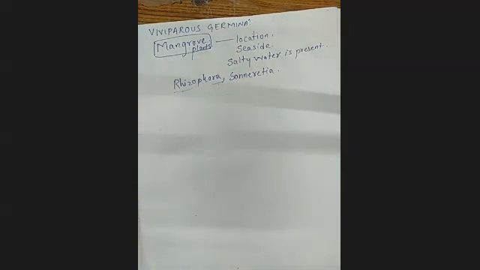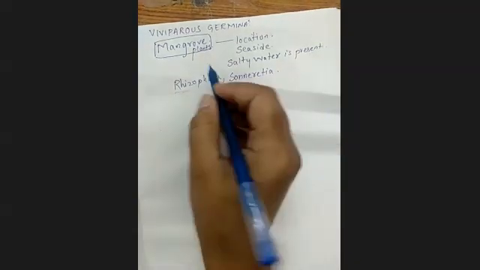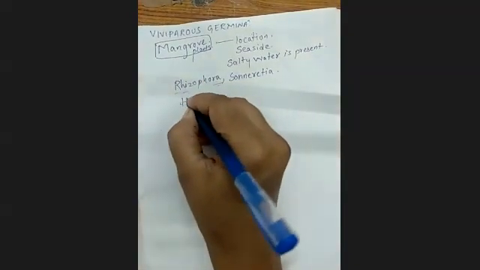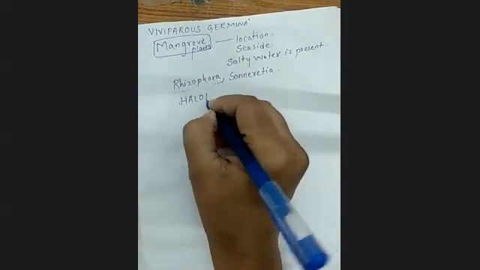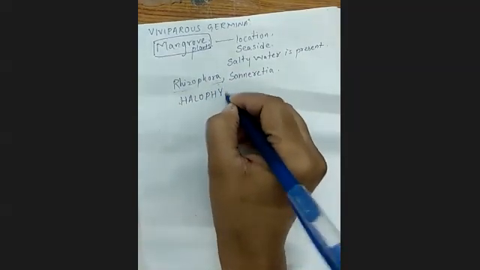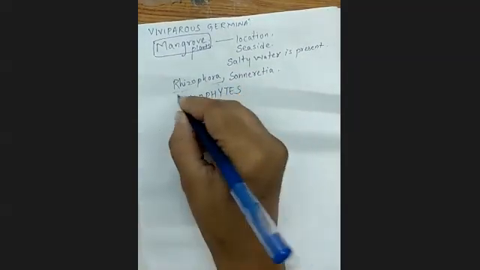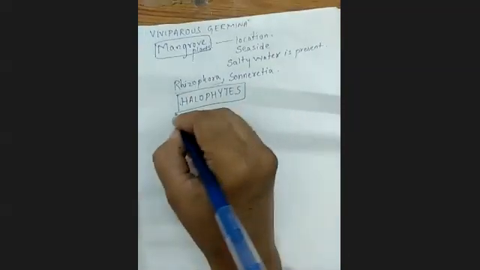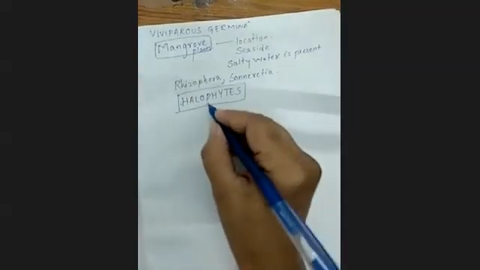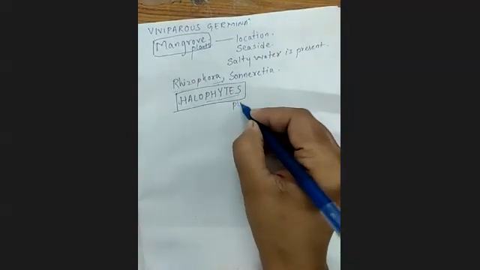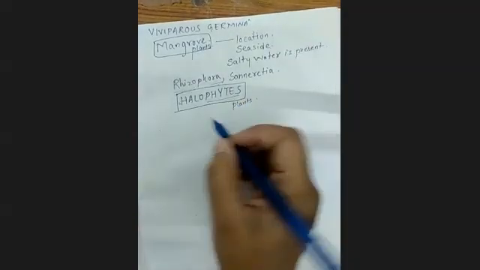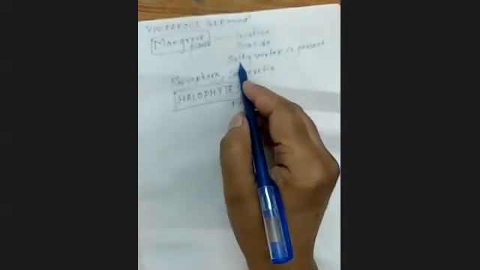They grow in salty water. So these types of plants are called halophytes. Phytes means plants and halo means salty.